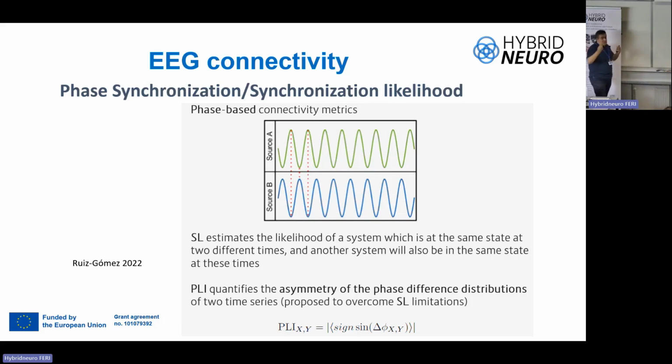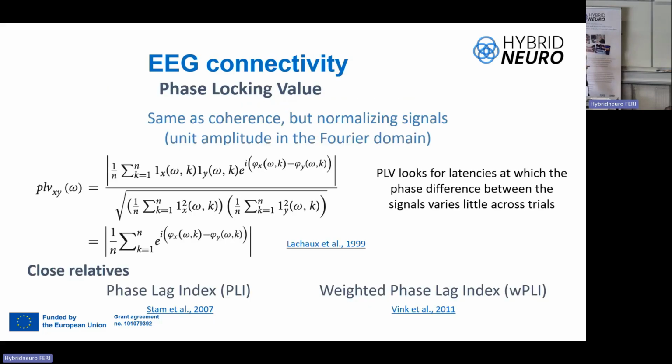There are some artifacts that you can reduce, but the magnitude of the signals must not be the same in all channels. So everything which does not depend on these variations of the magnitude of the EEG recording, so how you record the EEG, is much better, no? Because you reduce the effects of issues in the experiment. This is why phase is more robust in this sense.